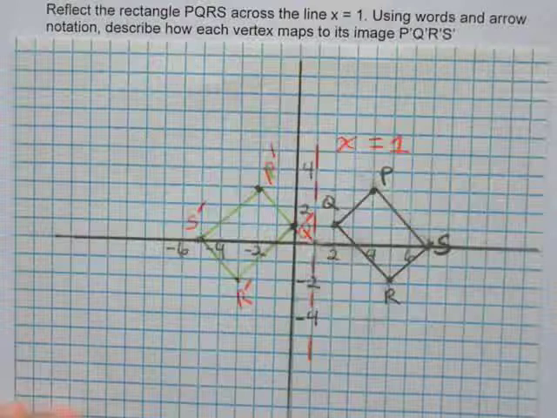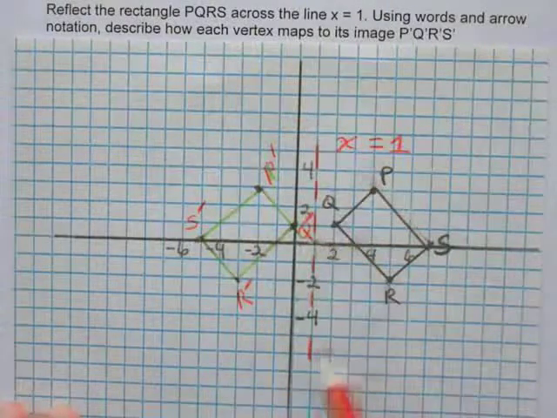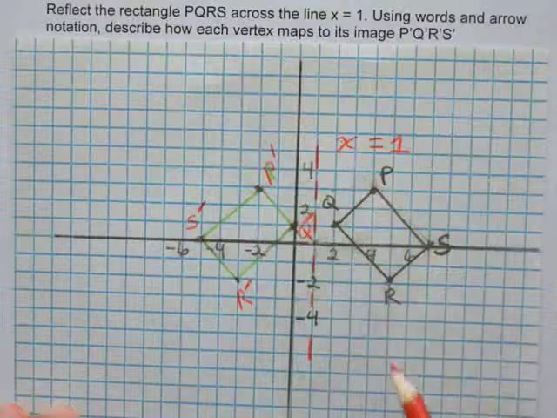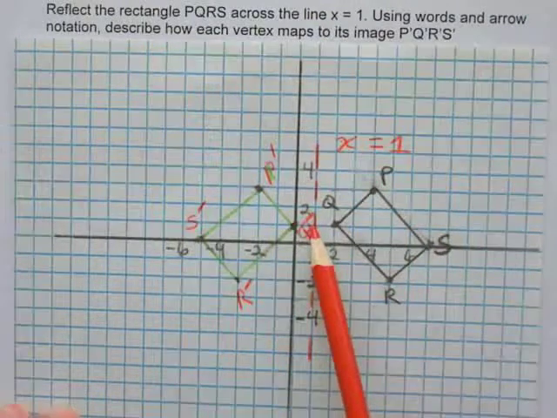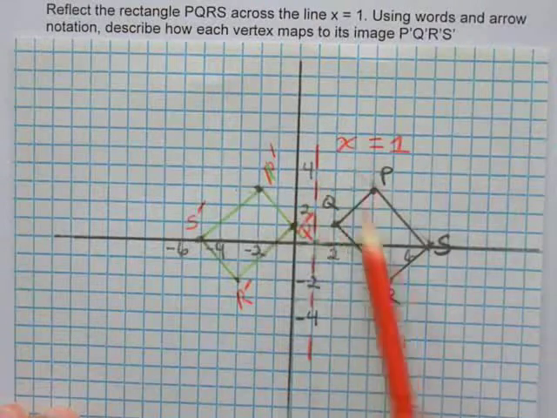In other words, what did I do? I found the line of reflection and I drew it in so that I knew where it was. I have the shape. It was already plotted for me. I figured out how far each vertex is from the line of reflection.